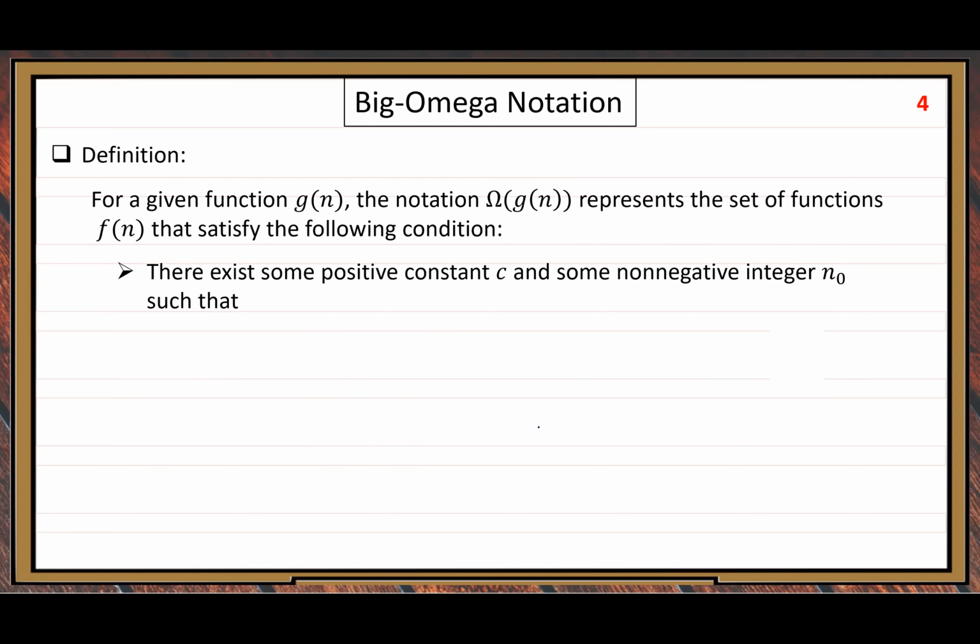There exists some positive constant c and some non-negative integer n 0 such that f of n is greater or equal to c times g of n, a lower bound estimate, for all n greater or equal to n 0.